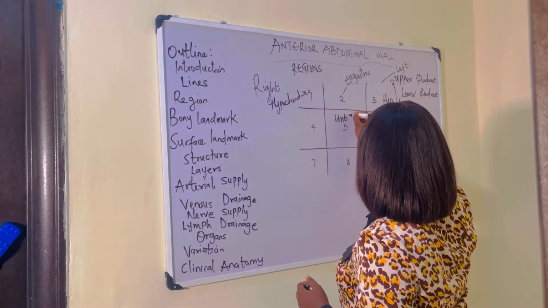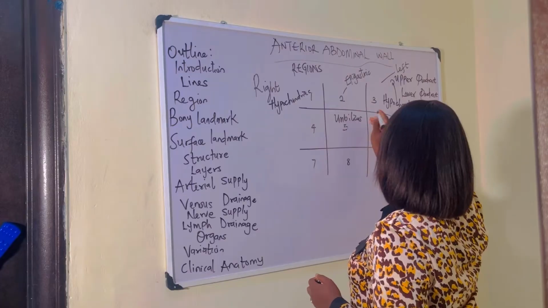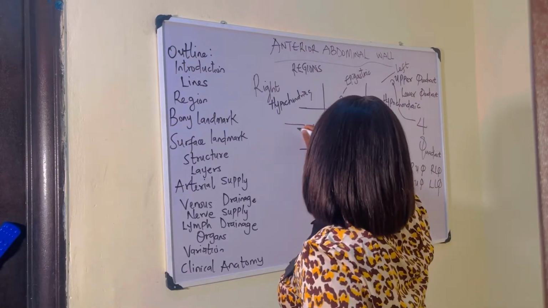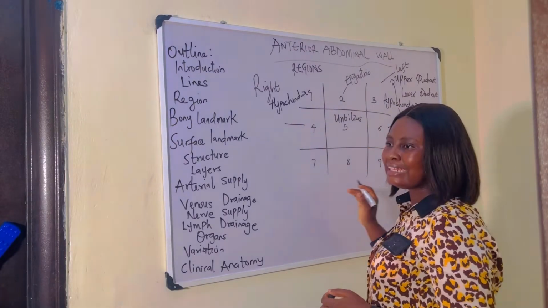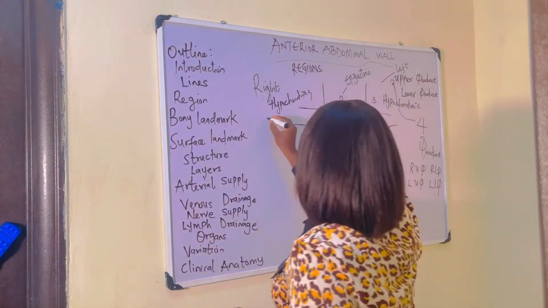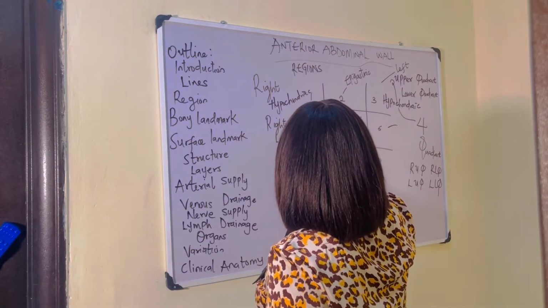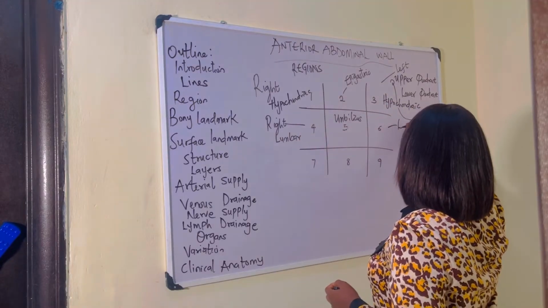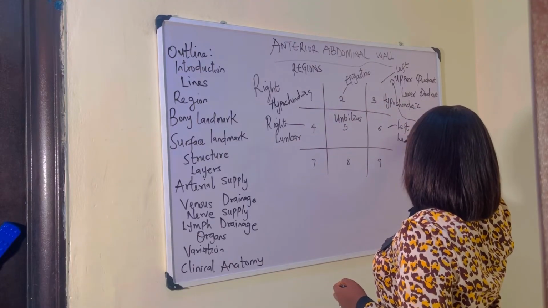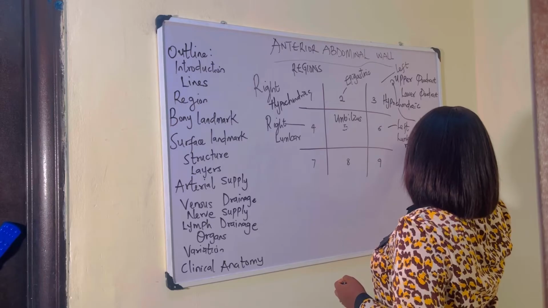So this is the umbilical region, that's the umbilicus. Then we are having the lumbar region, right and left respectively. So here we are having the right lumbar region, and here we are having the left lumbar region.